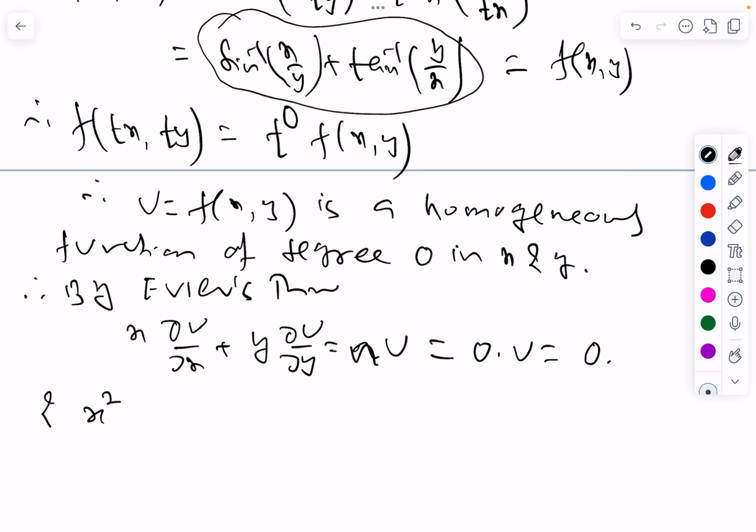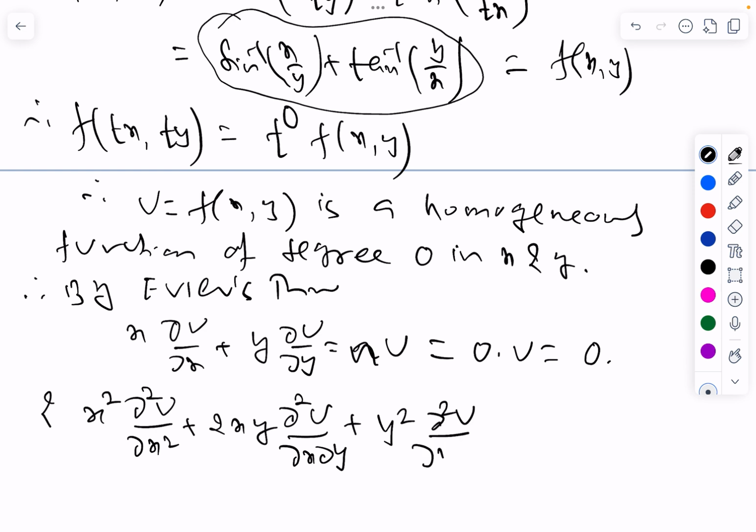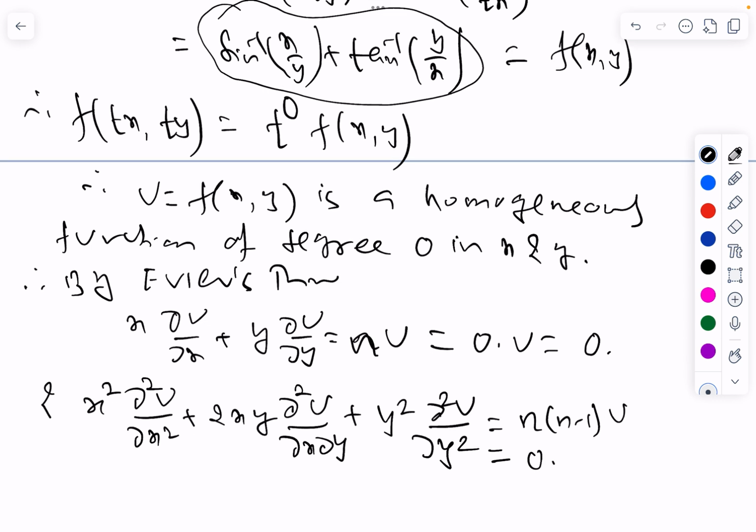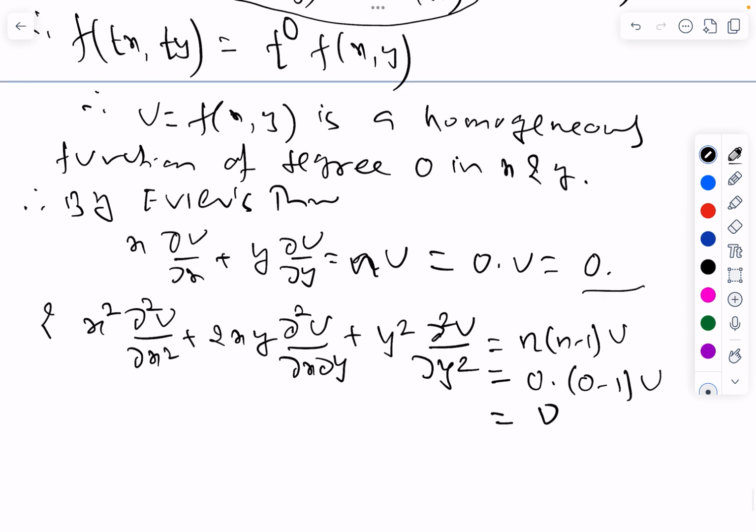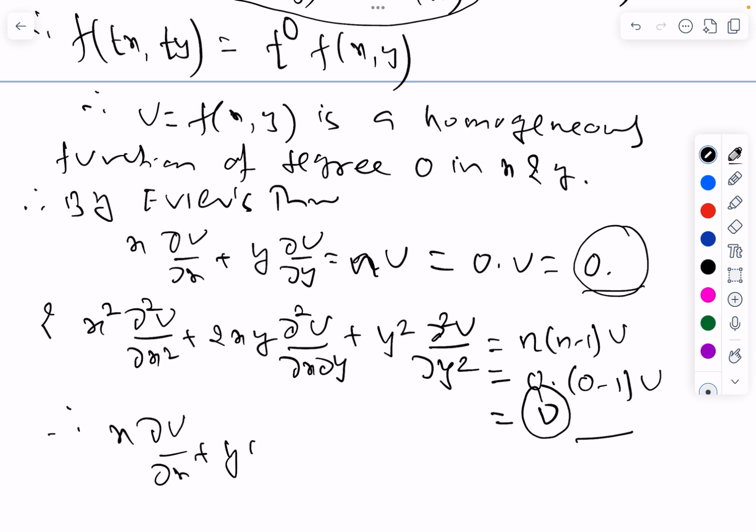And x square del square u by del x square plus 2xy del square u by del x del y plus y square del square u by del y square equal to n into n minus 1 into u. So this is 0 into 0 minus 1 into u, so that is equal to 0. So right side here same, so left side also same.